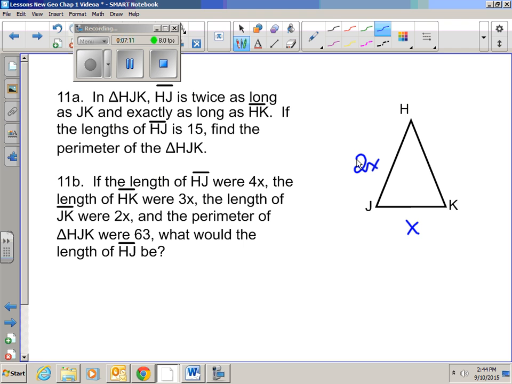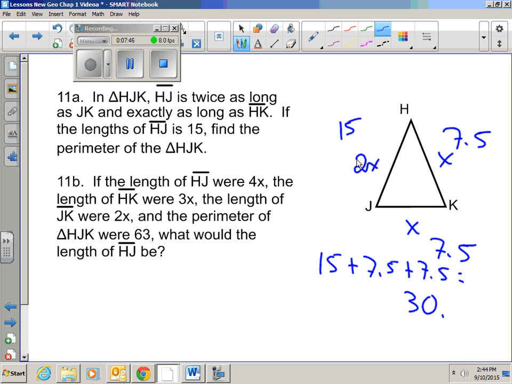If the length of HJ is 15, oh, HK is also x. There we go. I know that if this is 15, that means that this guy must be 7.5. So therefore, the perimeter is going to be 15 plus 7.5 plus 7.5, which is 30.